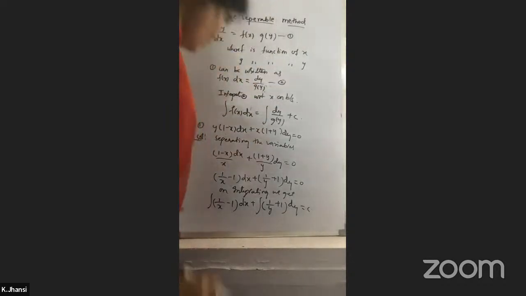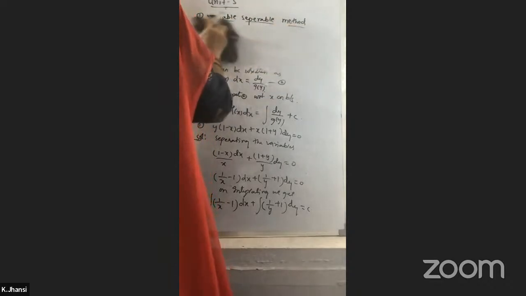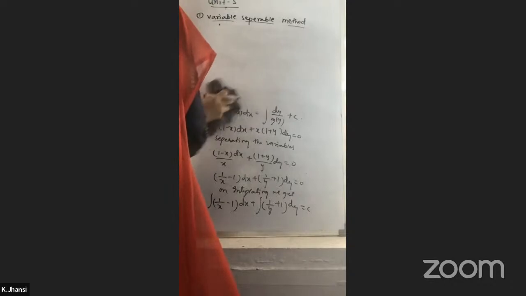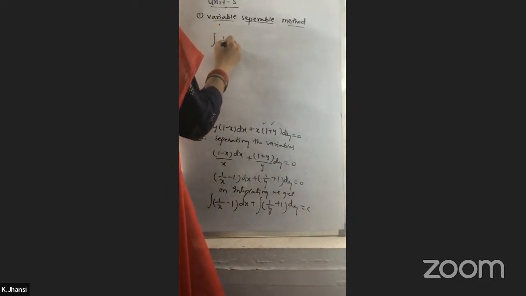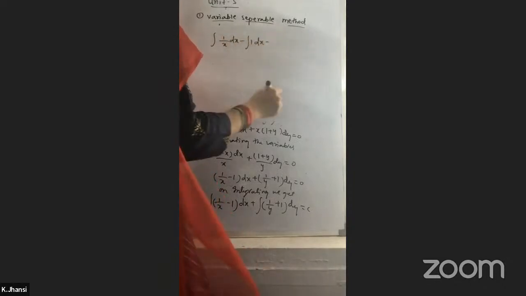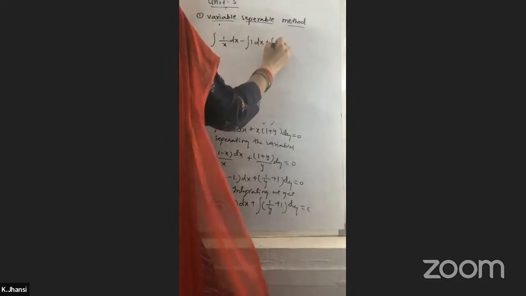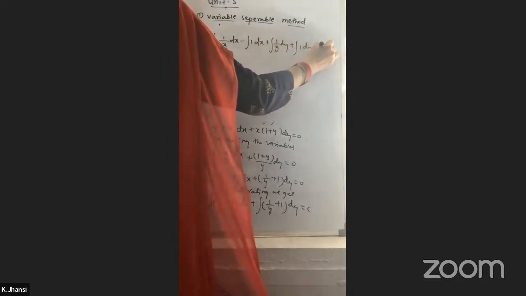Now we'll separate here. Two terms are there, 1 by x and also 1. If you want, you can separate or directly do the integration: integration of 1 by x dx plus integration of 1 by y dy plus integration of 1 dy equals 0.